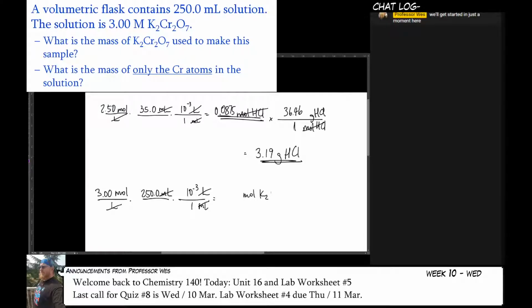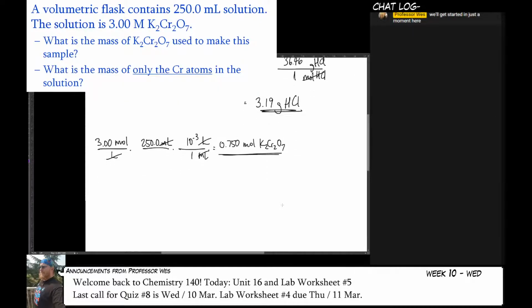of K2Cr2O7. And so that is 0.750 moles. Now I'm going to need this number for the second calculation, so I'm going to just hang on to it.